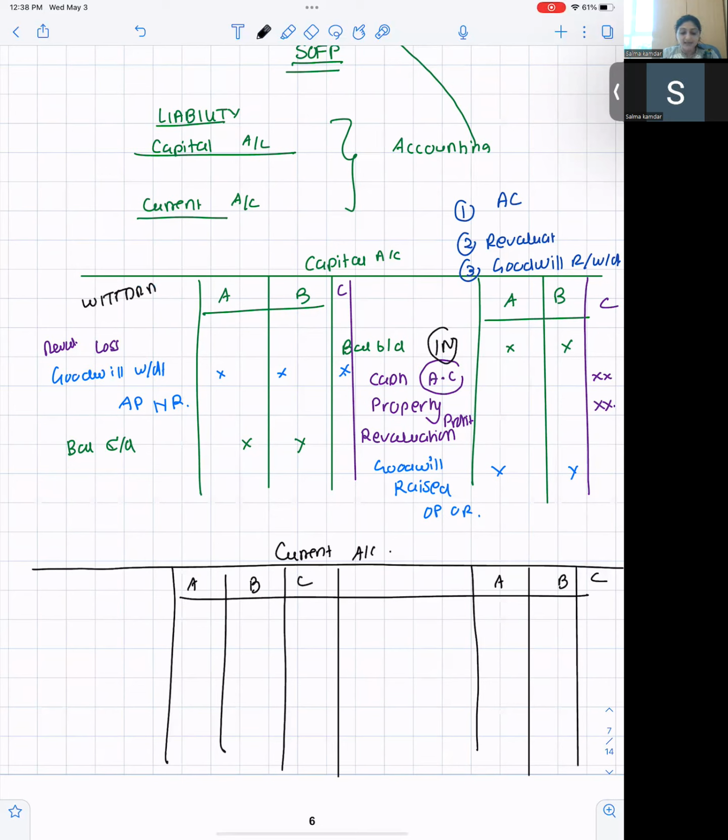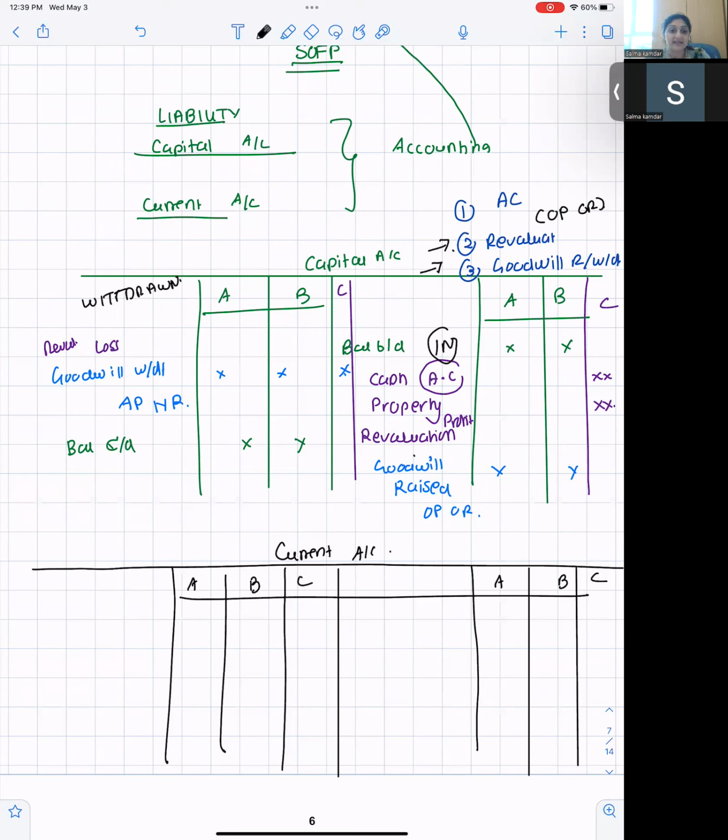The second thing that would happen in the capital account is revaluation profit or losses will be distributed amongst the old partners in the old ratio. Third, you will raise goodwill and write off goodwill. So capital account balances will only change because of revaluation, goodwill, capital introduced, or capital withdrawn.